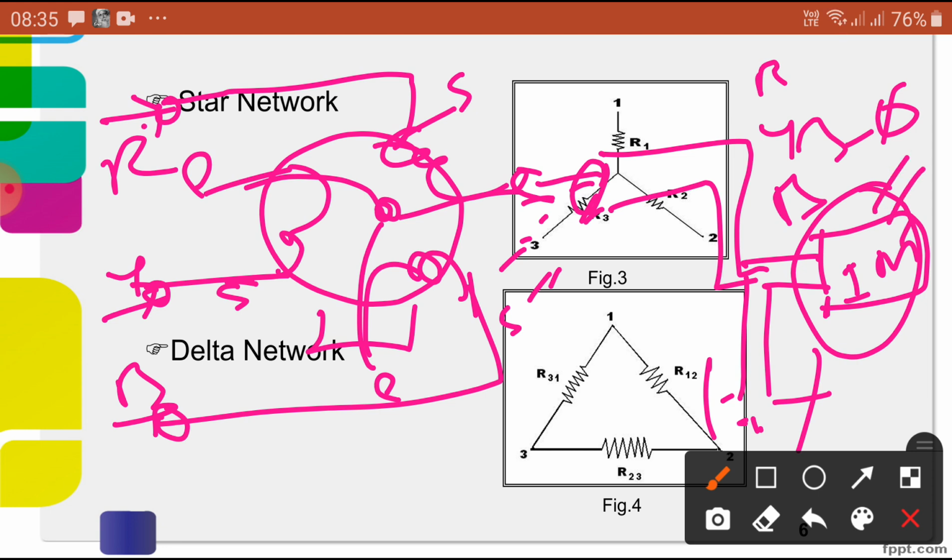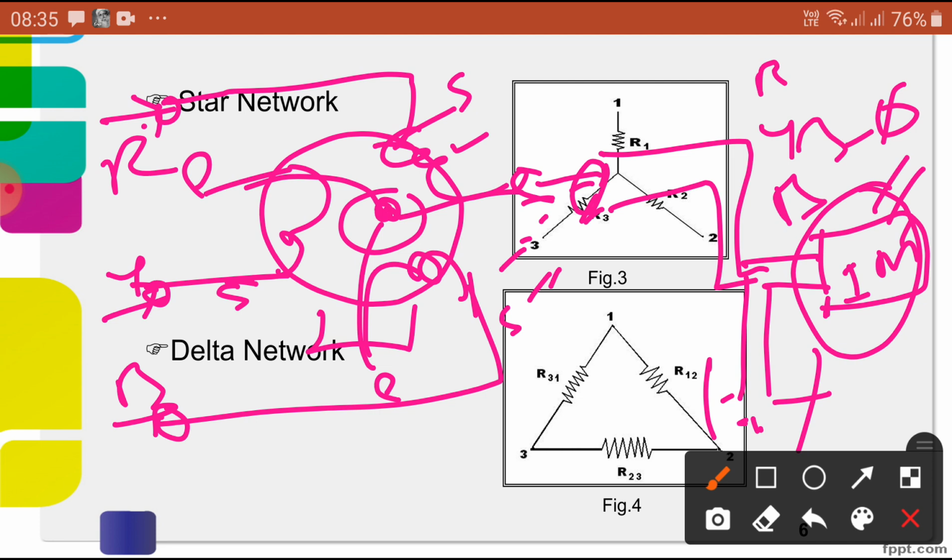Internally we can connect star or delta. For that purpose we are going to use the star-delta starter also. Okay, for conversion purposes we can connect other switches also. So this is one practical example.